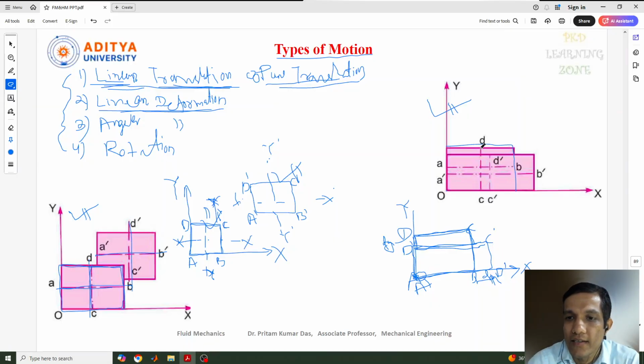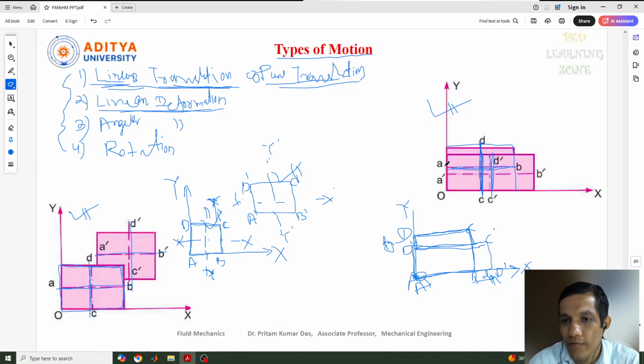And if you see, this is the axis of the initial starting element, and this is the axis of the element in the deformed position. The undeformed position and deformed position, both are parallel. If you see, this is the axis for CD, and after deformation C dash D dash, both are parallel.